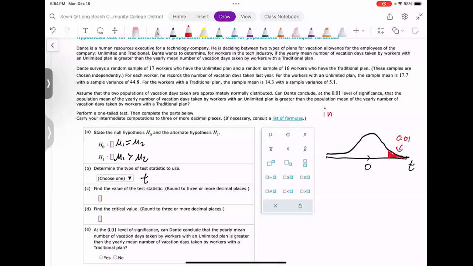So to get my critical value, inverse t of 1 minus 0.01. Now I want to point out the traditional plan, there are 16, and the unlimited, there are 17. So that means that our degrees of freedom is going to be 16 minus 1, or 15.